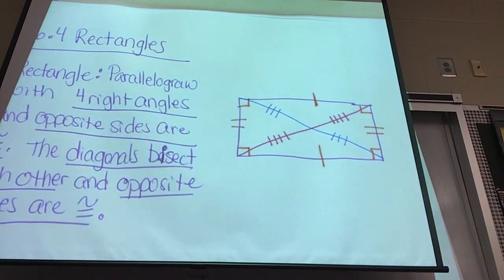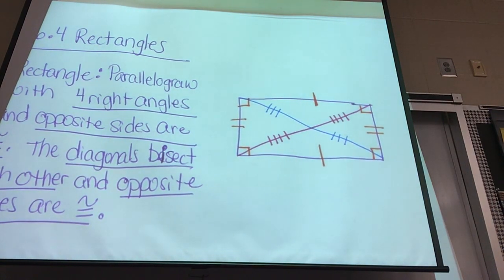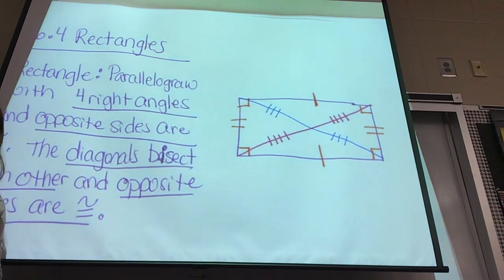Ma'am, when we underlined the 4 right angles, it means the 4 right boxes? Yes, because the right angle means the 4 boxes. Okay, any other questions? No. Okay, now what we're going to do is actually work with some of these.